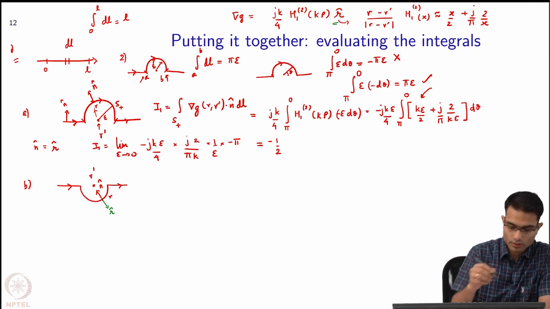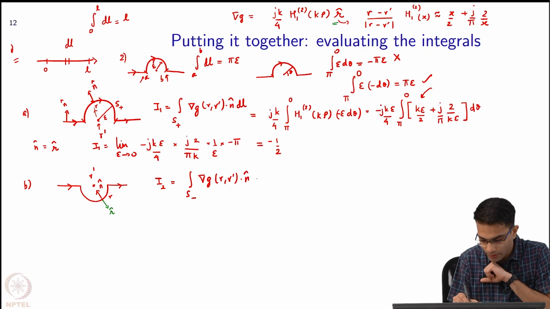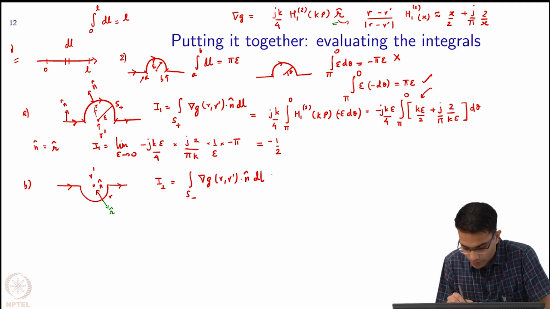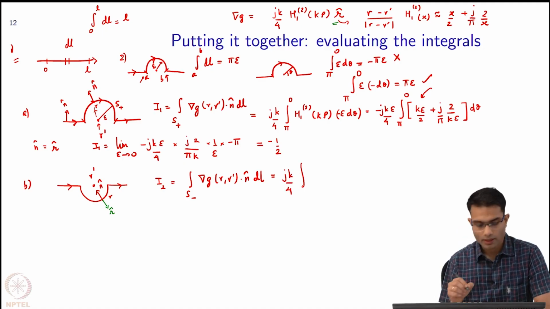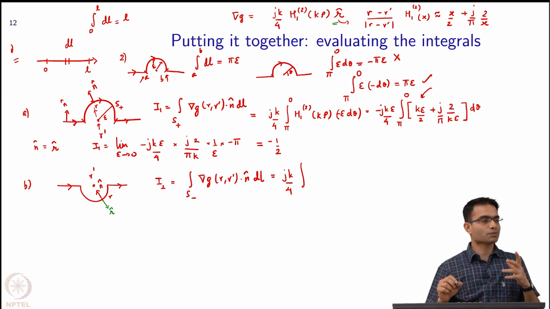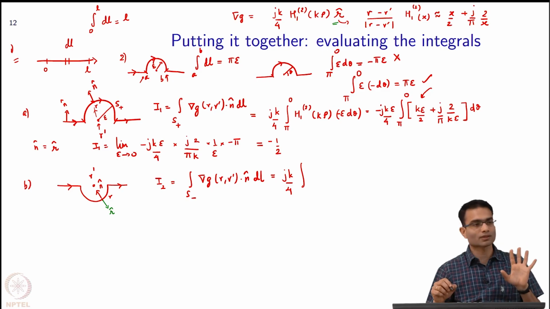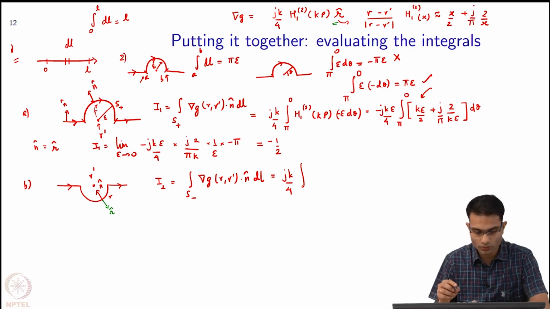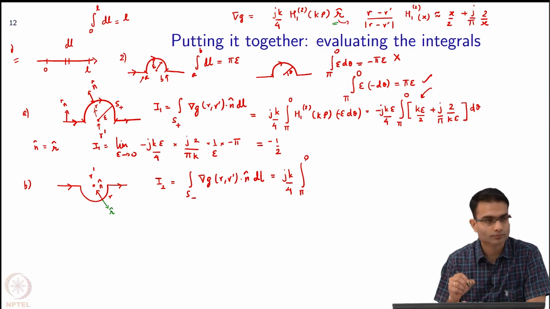Okay. So, in this integral now I2, I can write as s minus grad g r prime dot n hat dl. What happens? So, I will write j k by 4. Now, I will use the same limits pi to 0 because I should get the length. Whether I go upwards or downwards, I should get the length of the string. So, let us not complicate that, let us just keep it as pi to 0.